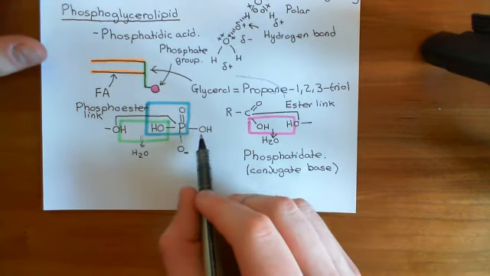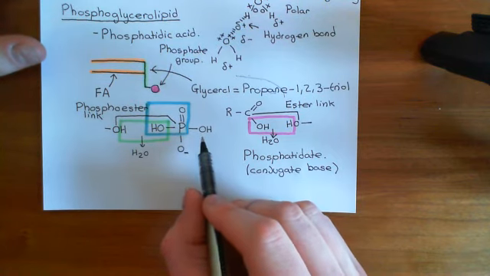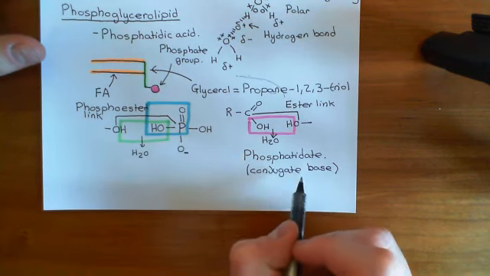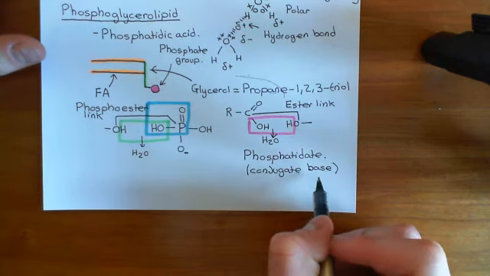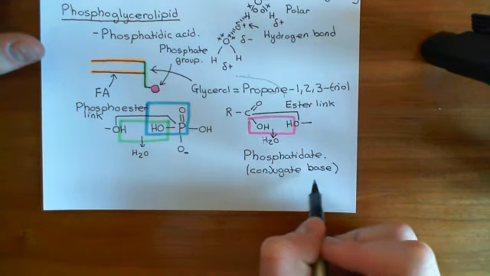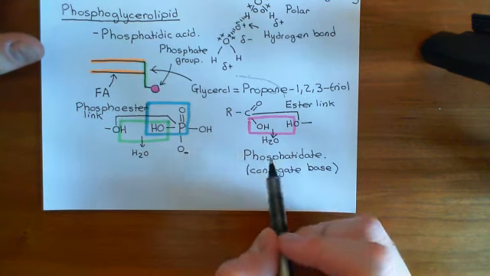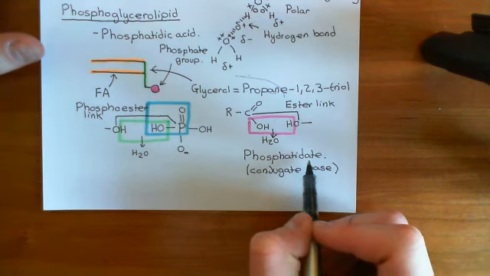The proton can come and bind to the group that has the negative charge. Okay, so they go from being an acid to being a base when they lose their proton, and they are then called the conjugate base of the acid. Okay, right, so that's the difference between phosphatidic acid and phosphatidate.